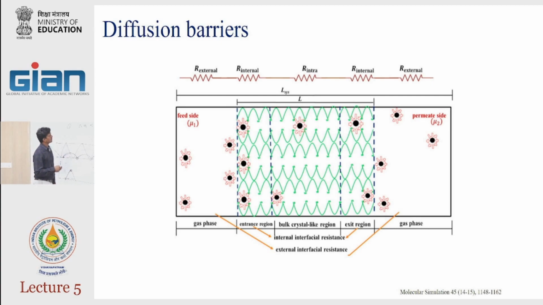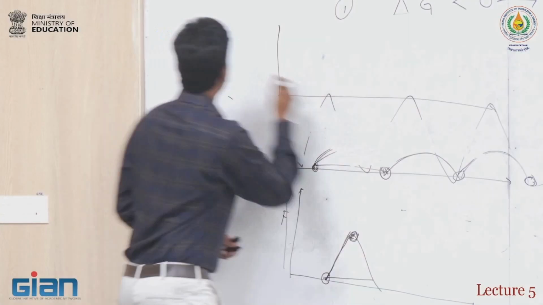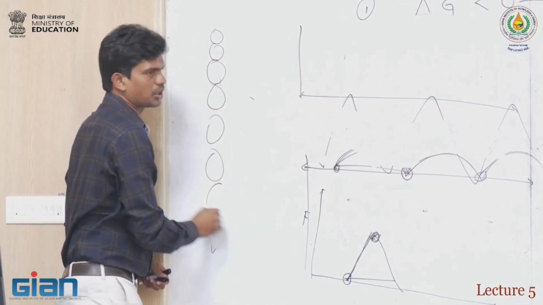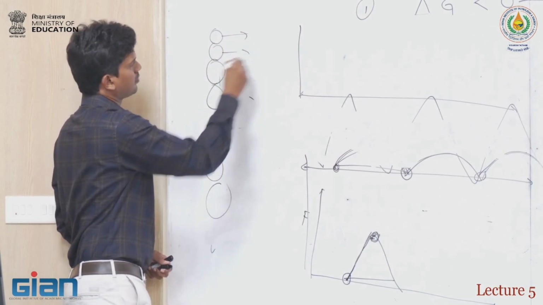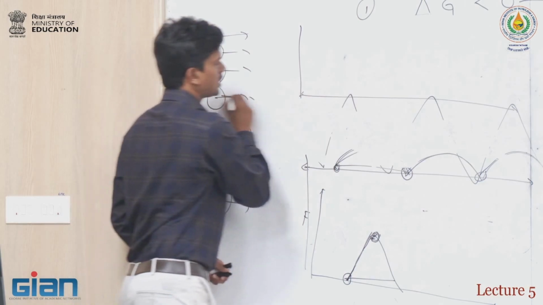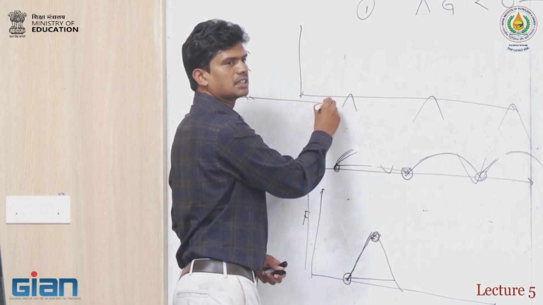So the second one is when the gas molecules try to enter onto the surface, right? So you have a pore here, something like this, and the reservoir is here. That means you are sending gas molecules. It's not that all the gas molecules will come and enter into the system directly.